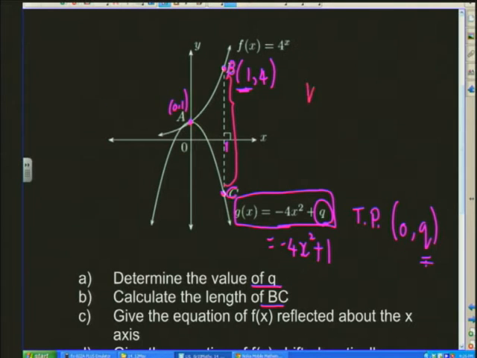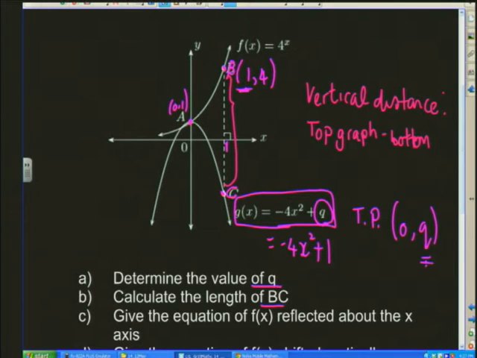Whenever you're trying to find a vertical distance of a graph, and these points are on the same vertical line, it's always going to be top graph minus bottom graph. So in other words, the y value on the top graph minus the y value on the bottom graph is going to give you the distance BC.